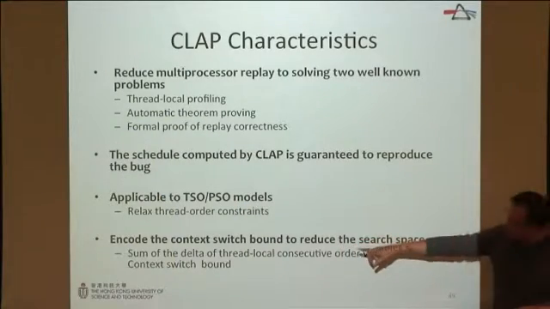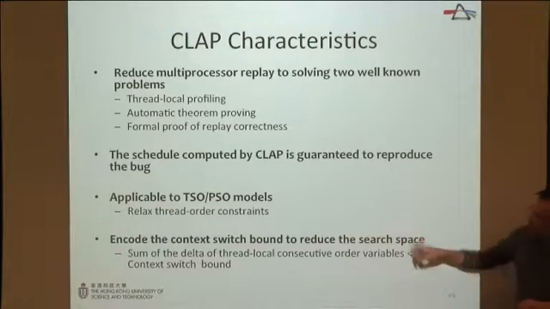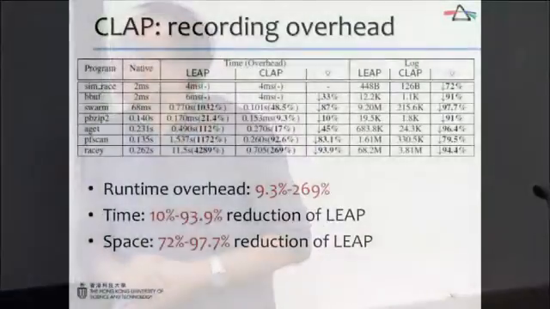Basically, we can provide a constraint on the sum of the delta of the thread local consecutive order variables, so that we can sum them and put that as a constraint into the constraint solver, and ask it only to give us a schedule within a certain number of preemptions. So this is another way for us to make the computation tractable.